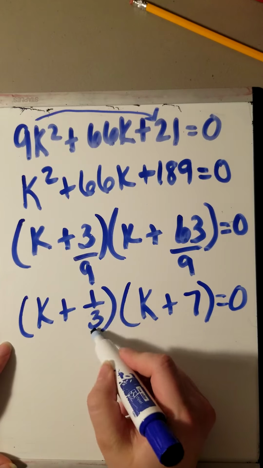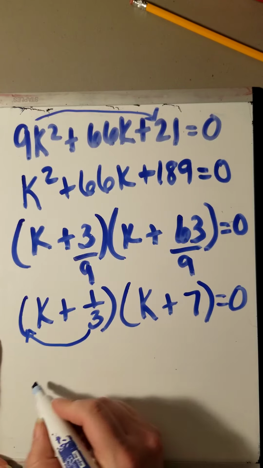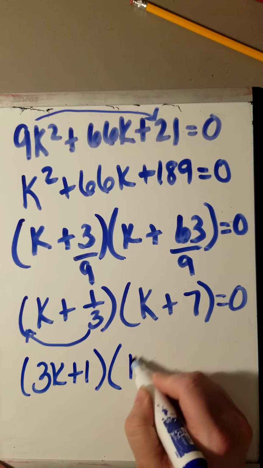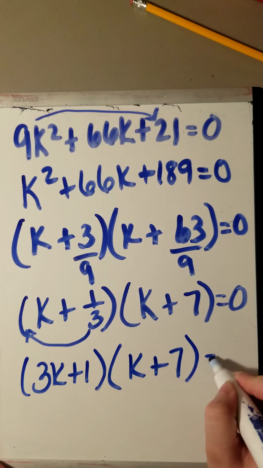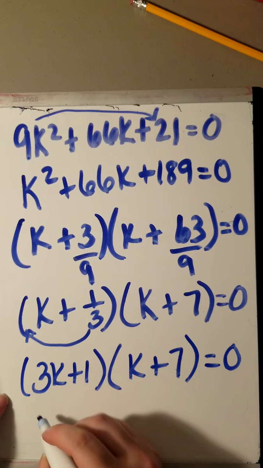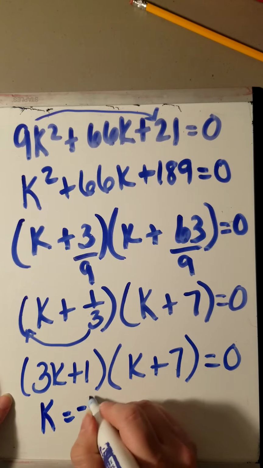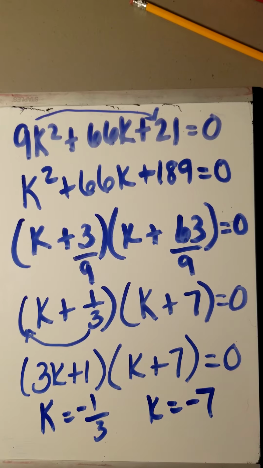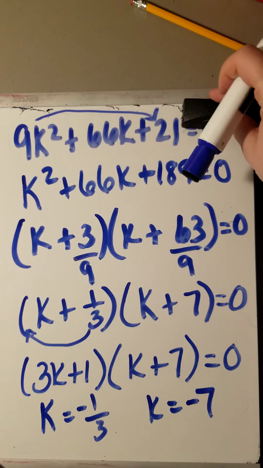Now, since this is still a fraction, I'm going to bring this 3 out front. 3k plus 1 and k plus 7, just like we ended up with before. Just a little bit more of a concrete way to get your answers and not have to fiddle around so much with what makes what true and how can you get each thing and so forth. So I'm going to give you a new one.